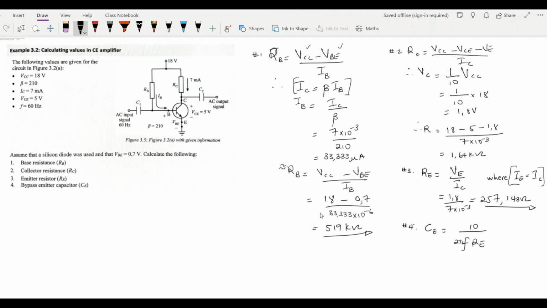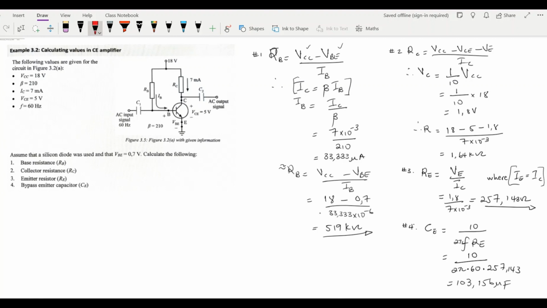This formula is there in your textbook. 2 pi 60, remember that is the value of the frequency, multiplied by 257.143. Now, my advice to you here, 103.156 microfarads. I want to highlight something that is very important here.